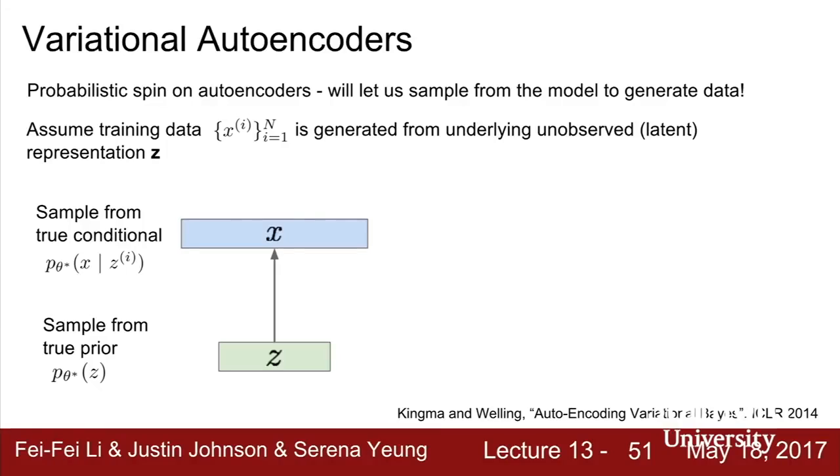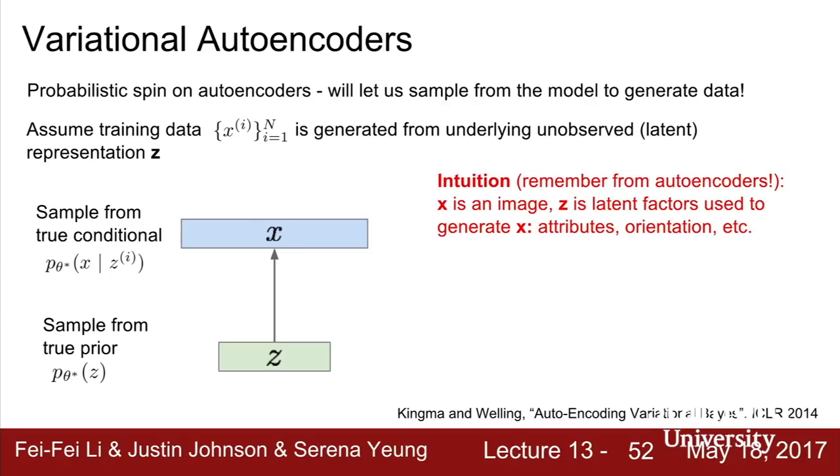So here we assume that our training data x_i, for i from 1 to n, is generated from some underlying unobserved latent representation z. Right, so the intuition is that z is some vector, where each element of z captures how little or how much of some factor of variation we have in our training data.